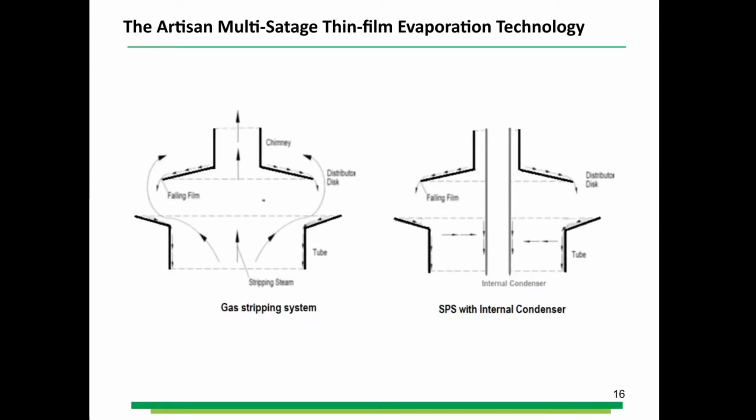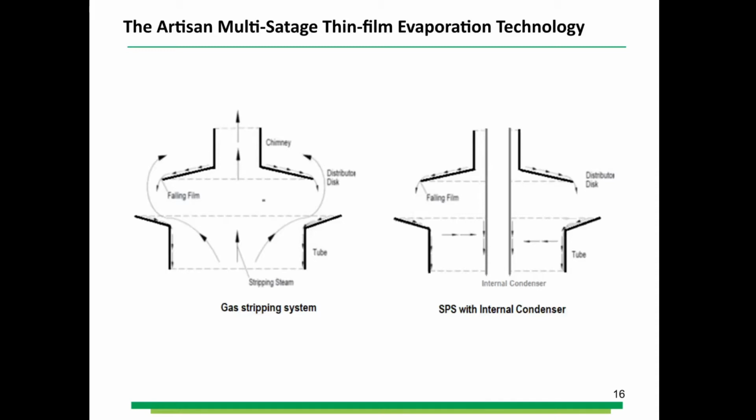This diagram shows two options of the new Artisan multi-stage thin film evaporation technology. In the first option, we have a system where the vapors generated travel out of the evaporator into the vacuum system through the side or the chimney in the evaporator.